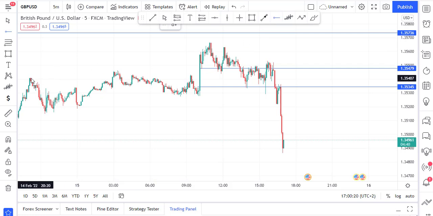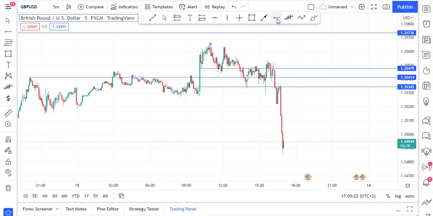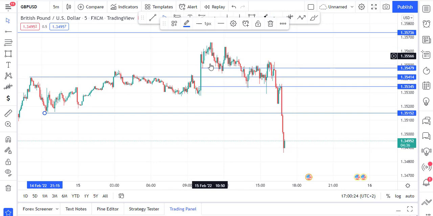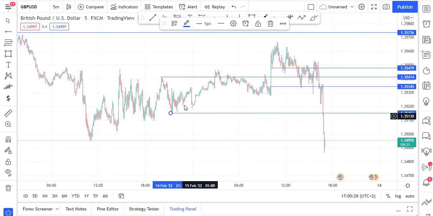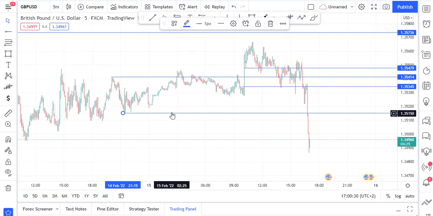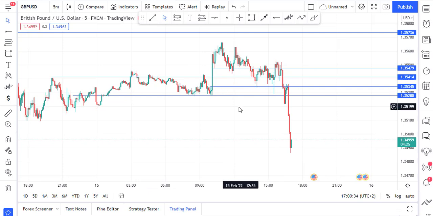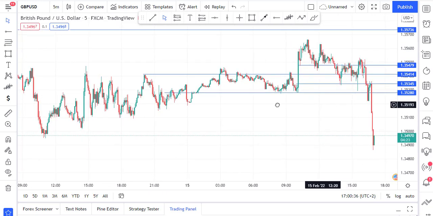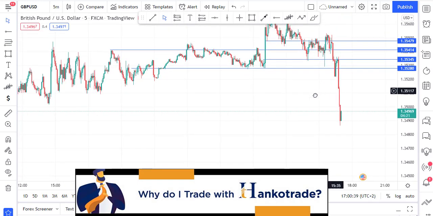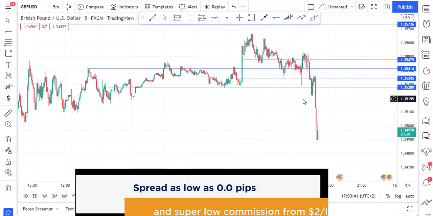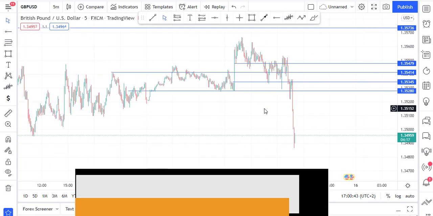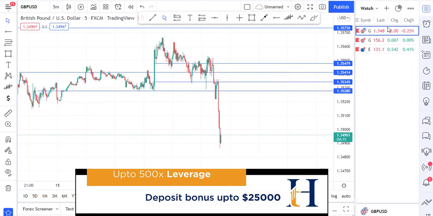And price does come back and fill this gap, and continues to drop, and takes all the liquidity that was resting there. Maybe this was the Asian low or Asian consolidation, but you see what we are essentially talking about. This is how you look at inefficiency, and this is how you trade inefficiencies.